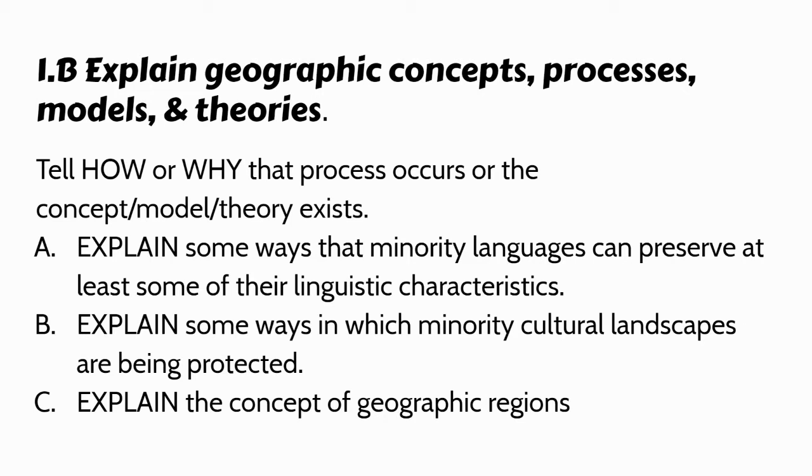So it's not just describing it like, hey, here's a perceptual region, but this is the reason why a perceptual region exists, because people are fuzzy about where the lines actually are, for example, the South, etc. You get the gist. Okay, so telling how or why, including the word because as you're explaining whatever it is that you're explaining, is really the best way to ensure that you're doing that task verb justice.